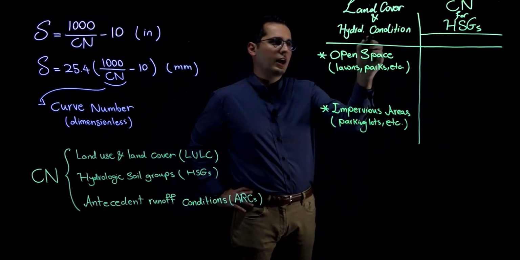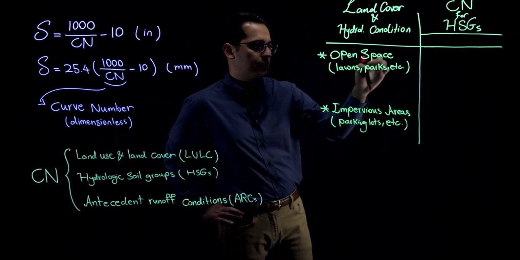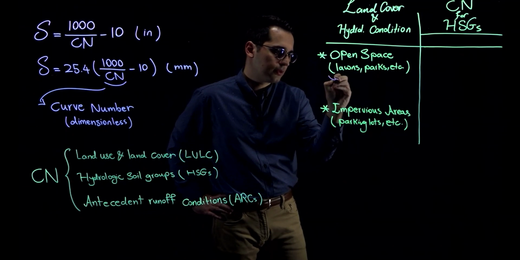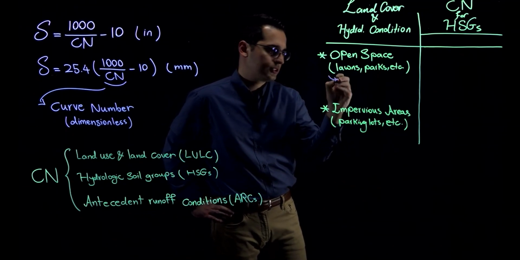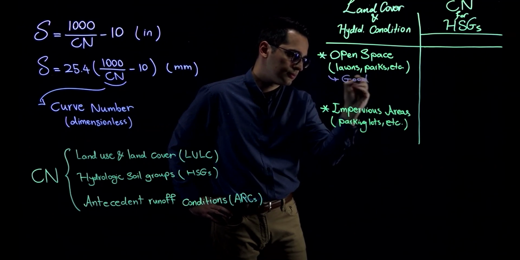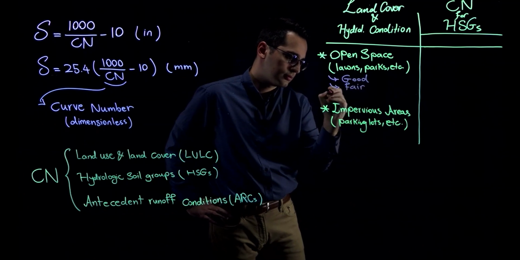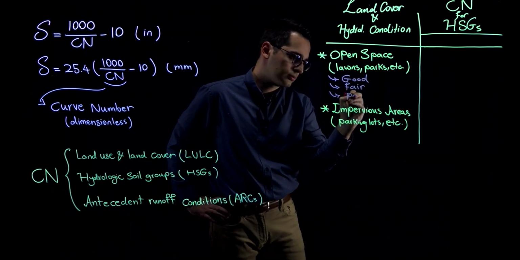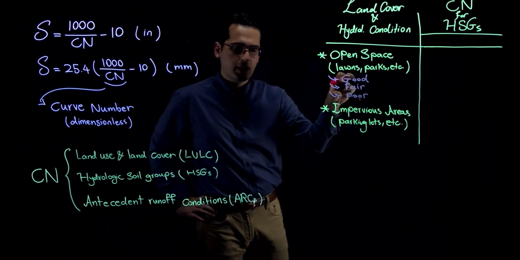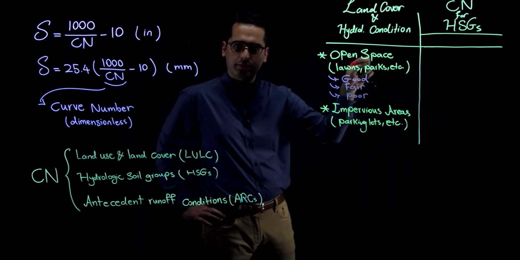Now, what is hydrologic condition? So, under some of the land cover features on the tables, you will have notations that specify good, fair, and poor. These are different hydrologic conditions related to a land cover.